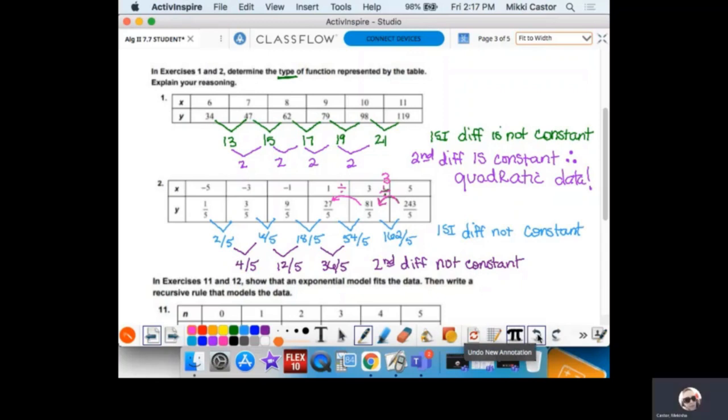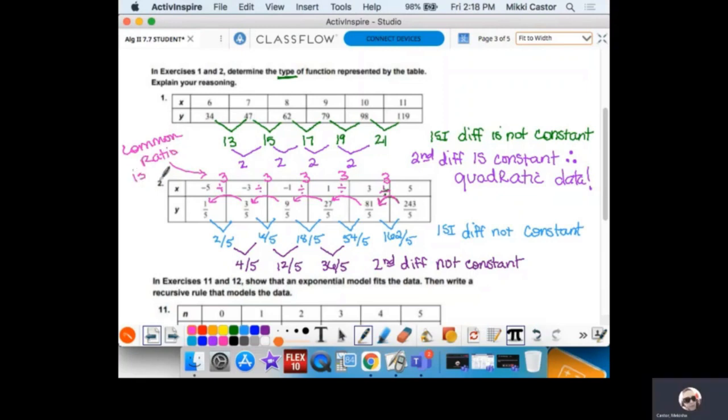And if you'll notice, it's really just the numerator, right? What's happening to the denominator? Yeah, so it divides itself out. So 81 divided by 27 is 3. 27 divided by 9, also 3. 9 divided by 3. 3 divided by 1. 3. That is our common ratio.